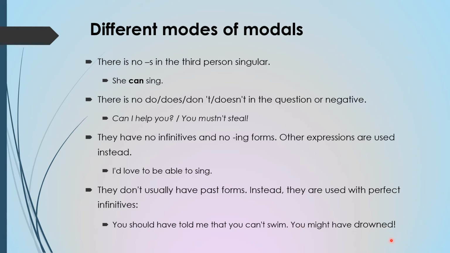"You might have drowned" means you did not drown, but still there were lots of possibilities to be drowned. So there is the "might have," and there is the obligation, and whenever the person is expecting something and you're pretty sure about that expectation. So that's the thing.